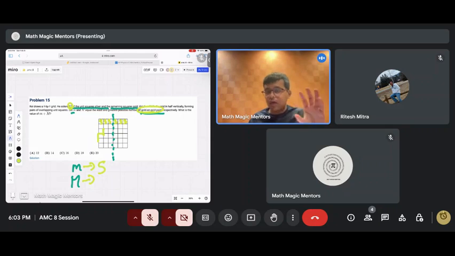You can try other cases in your own time, and that'll yield you different results, right? So these are six silver pairs. These are six, and then this is one, right? So we see that this is all going to be gold on gold pairs, right?